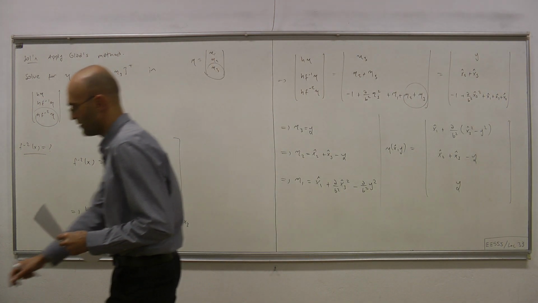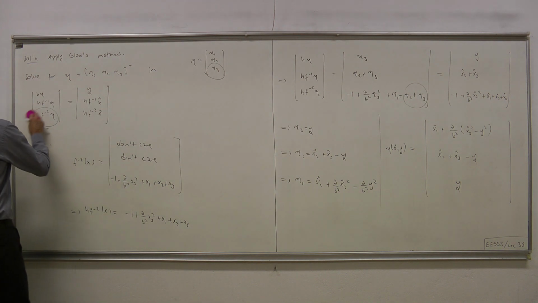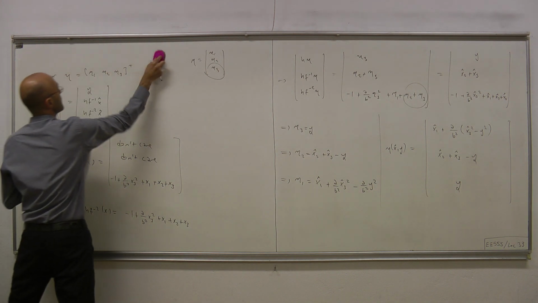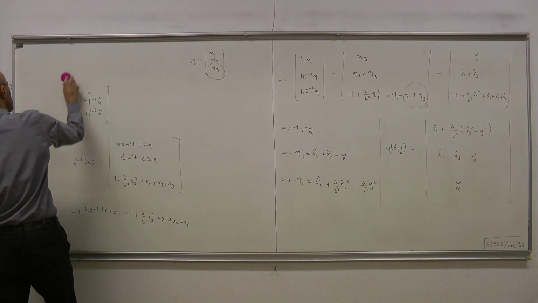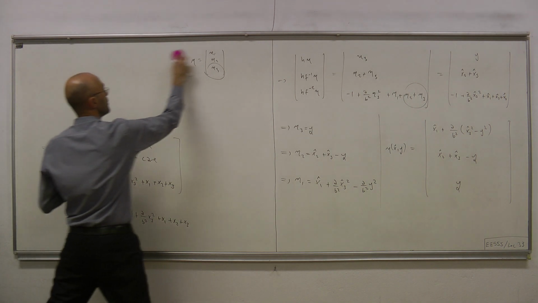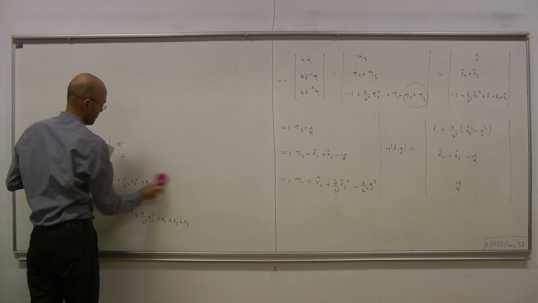Once we have the eta, all that remains to write down the observer dynamics is pass that eta through the mapping F.